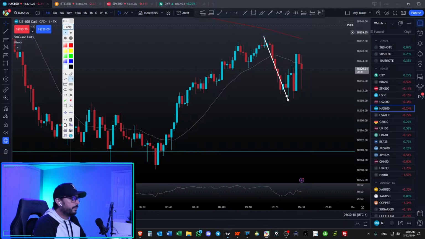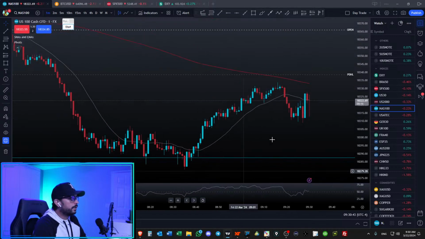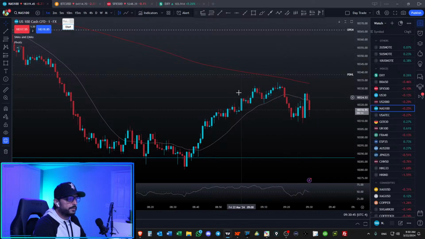Potential entry for me: pull back, breakdown. So a rejection somewhere in this area leads me to an entry here. Wanted to see the market pick up liquidity up there at the opening.